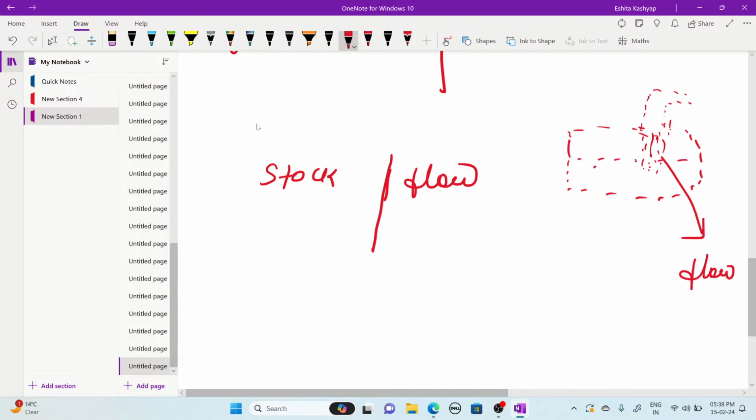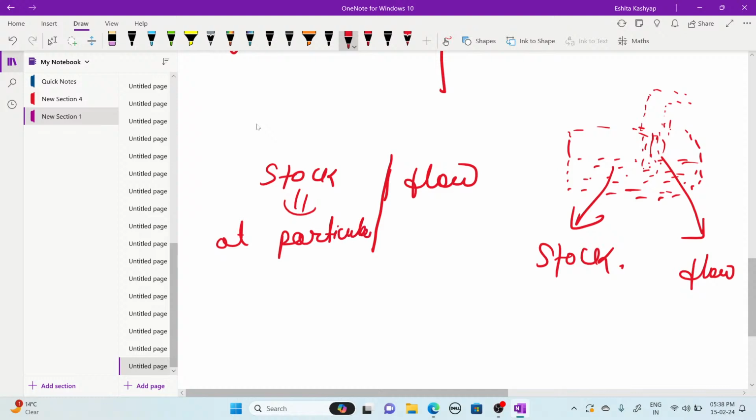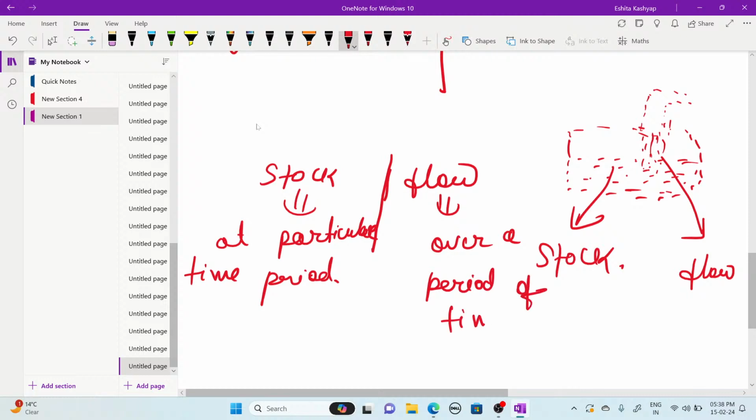And when the water is filled up in the tub, this refers to the stock concept. Stock refers to a particular point of time, whereas flow is over a period of time.